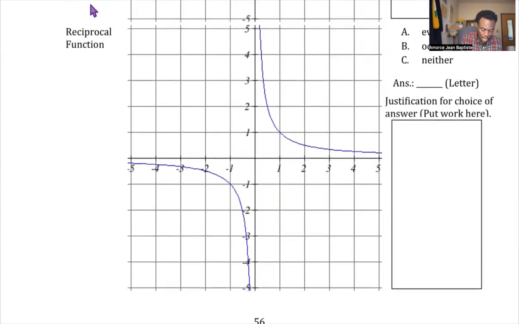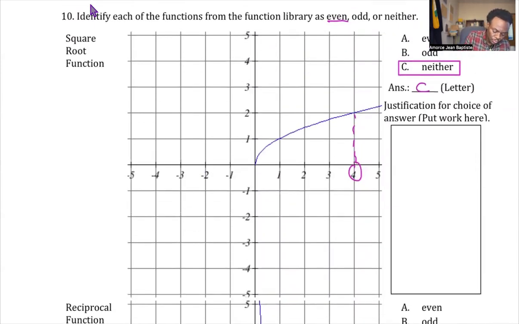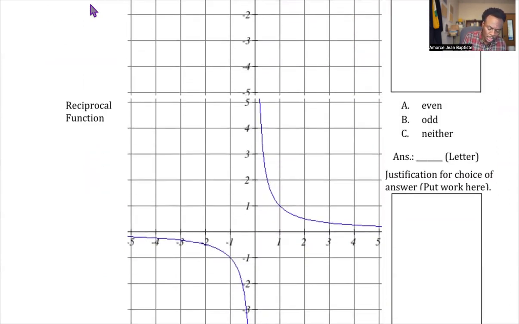Okay, here's another example. By the way, this is the square root function, f of x equals square root of x. This is the reciprocal function. The reciprocal function is f of x equals 1 over x. Let me take 1. f of 1 is 1, and we take -1. f of -1 is -1.